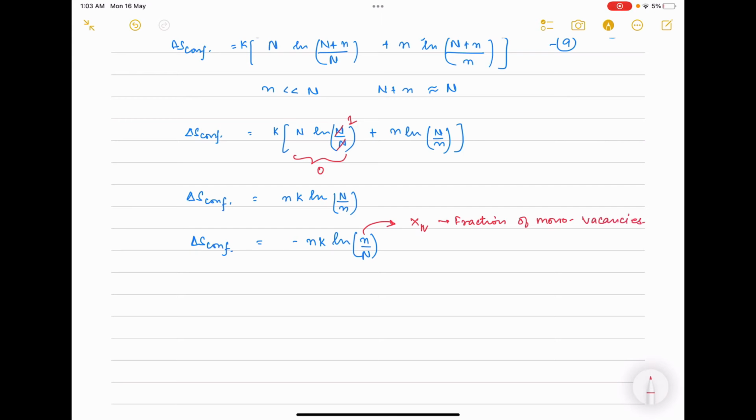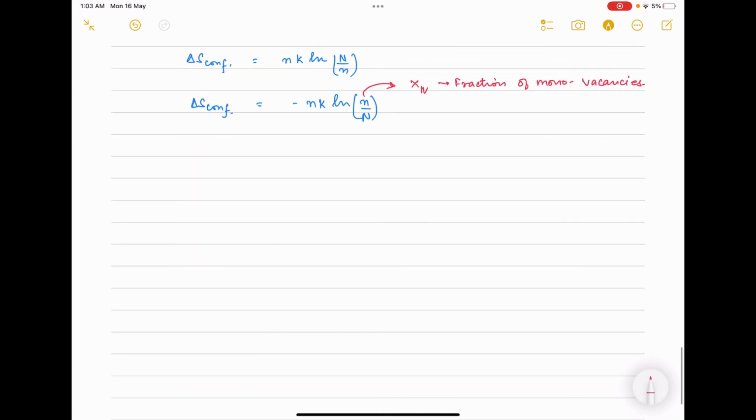So we can write delta S configurational is equal to minus nk ln x1v.